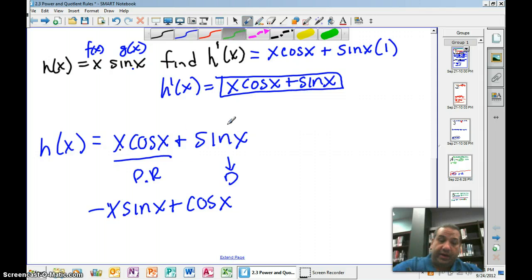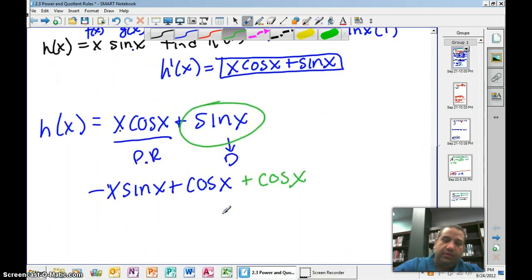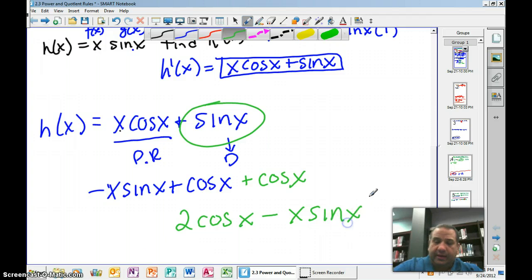Now I'm going to do this guy in green. And I'm just going to get the derivative of sine is cosine of x. So now my answer would be 2 cosine x minus x sine x. And that would be our derivative of this h function.